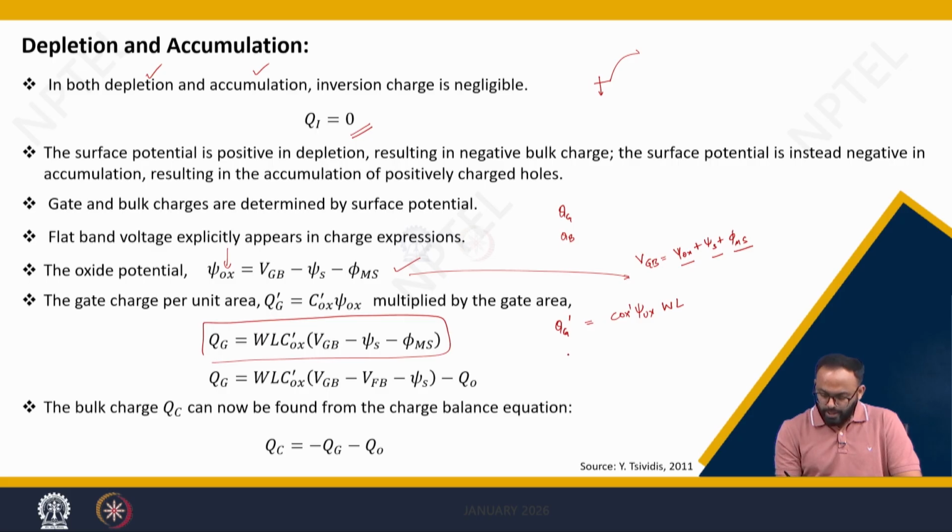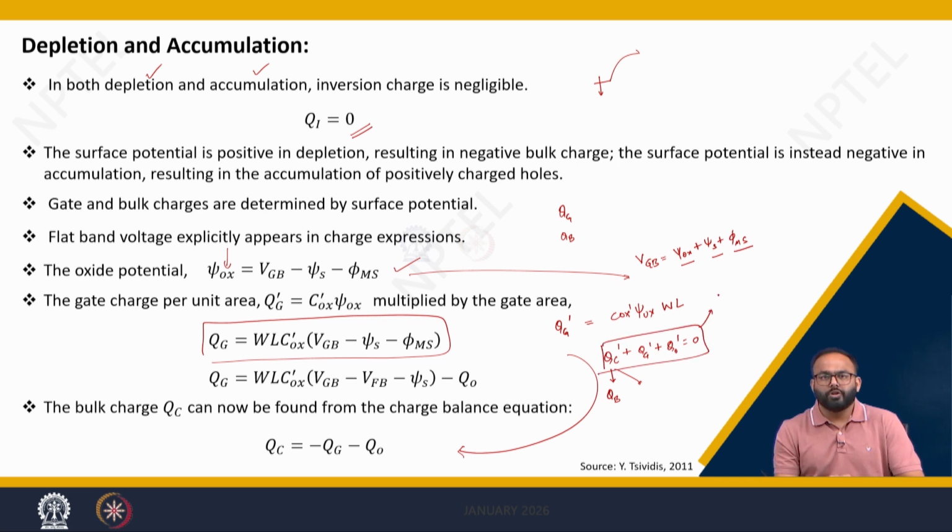And again you solve for the charge balance equation. The total charge balance equation was QC dash plus QG dash plus Q naught dash equals 0, where QC in depletion is dominated by QB, and in accumulation it is dominated by hole charge, which is positive.